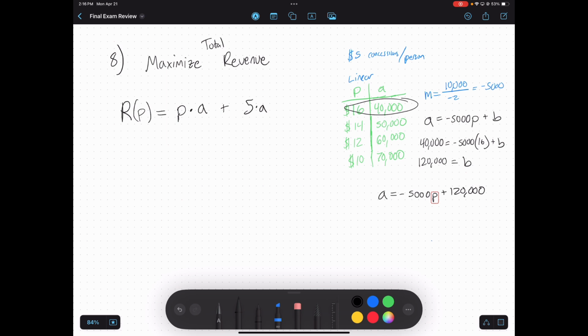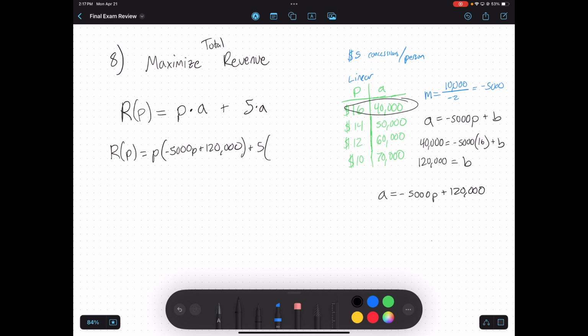Cool. So now that I know what A is equal to, I can plug that in. So I get P times negative 5,000 P plus 120,000. Sorry, that looks like an 8, but it's a 5.